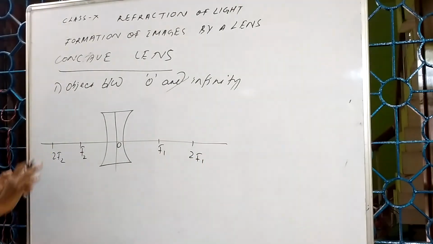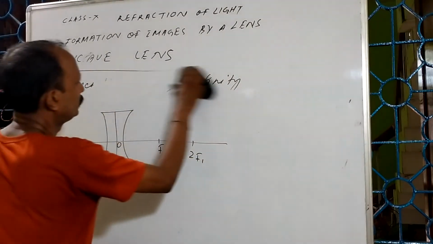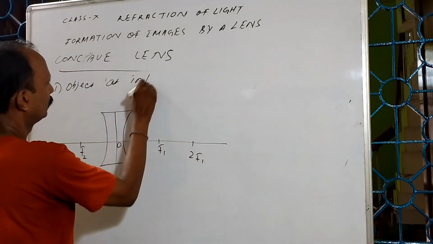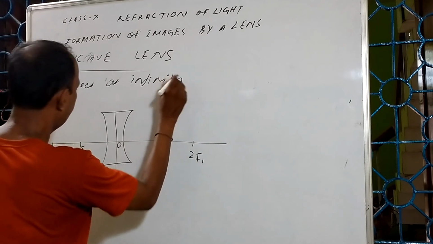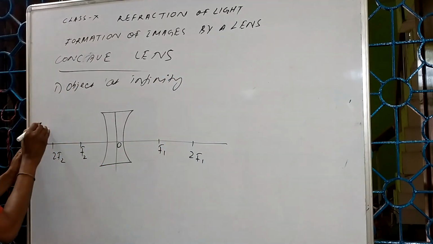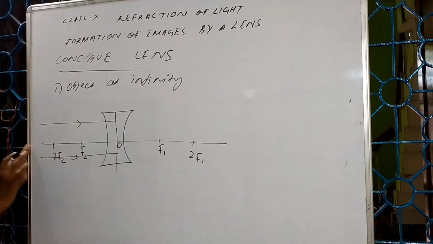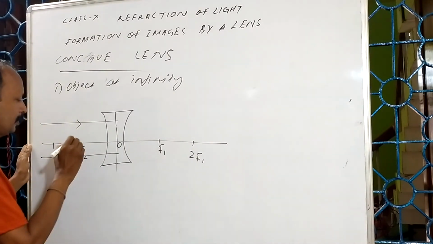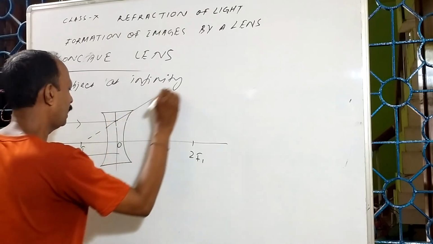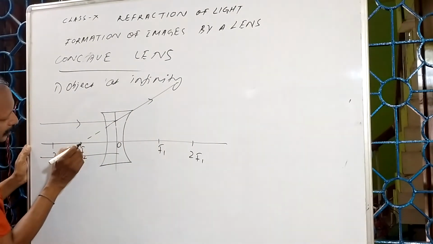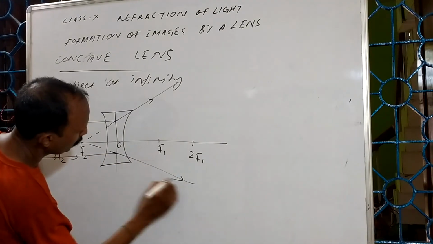Suppose the object is at infinity. Now if the object is at infinity, the light rays come parallel, and we know that those that come parallel refract in such a manner that they appear to come from F2.